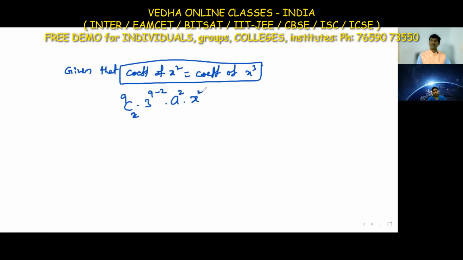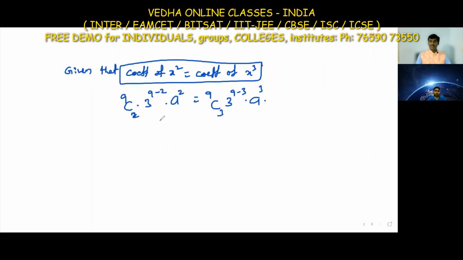This is the x power 2 term, but I want the coefficient only. No need to write the x. It is equal to 9C3 into 3 to the power 9 minus 3 into a to the power 3 into x to the power 3. Here x to the power 3 is the x power 3 term, but I want only the coefficient, no need of that.